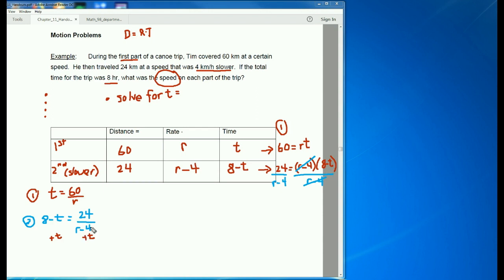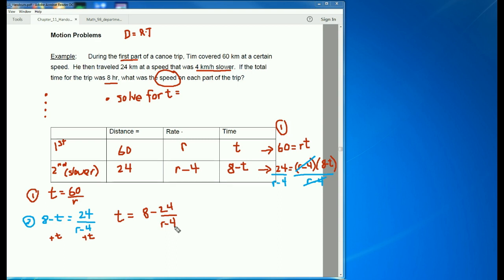And at the same time, let's subtract all this junk from both sides of the equation. So we will end up with t equals 8 minus 24 over r minus 4.